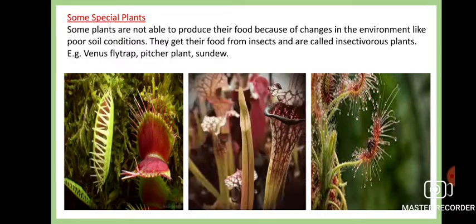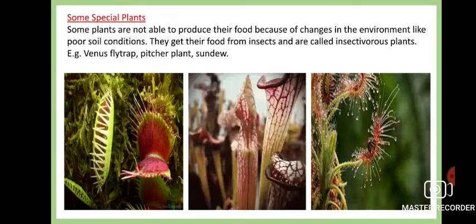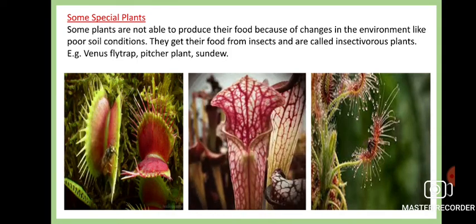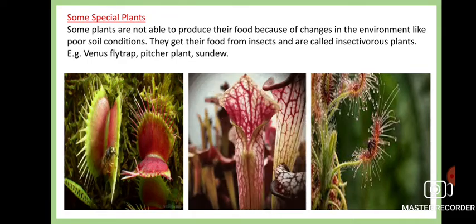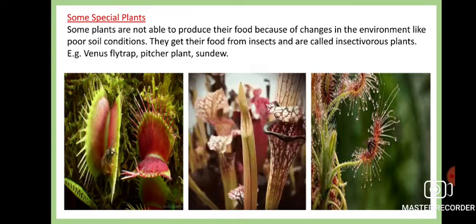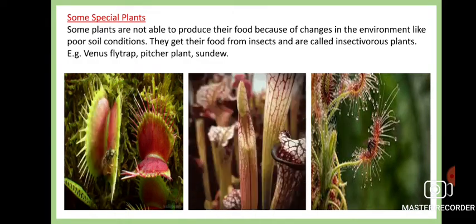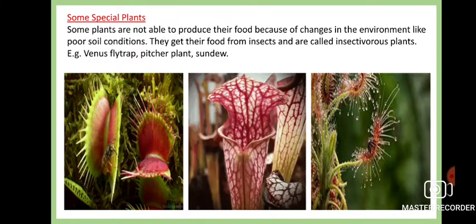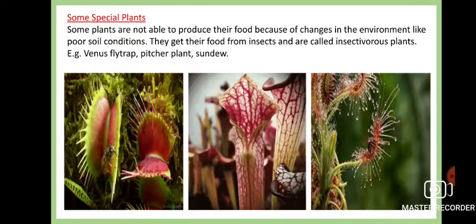So children, this method is very unique and very interesting as well, because these plants can't produce the nutrition which is required for their survival. Now everyone's survival is the most important thing. So for survival, they employ this type of method, and these plants are called insectivorous plants.